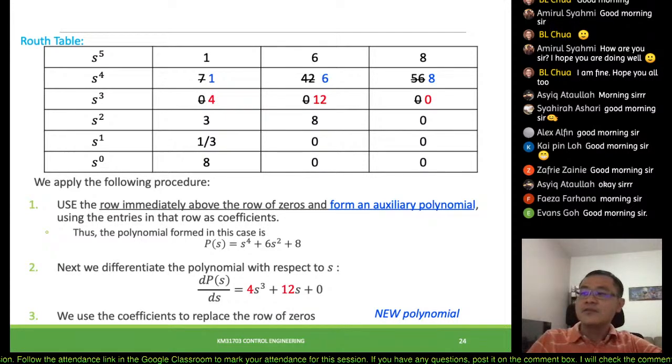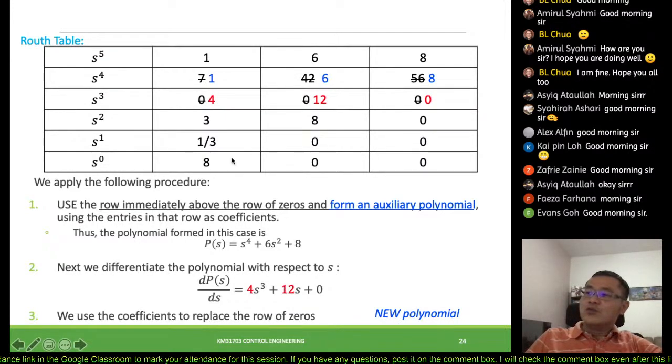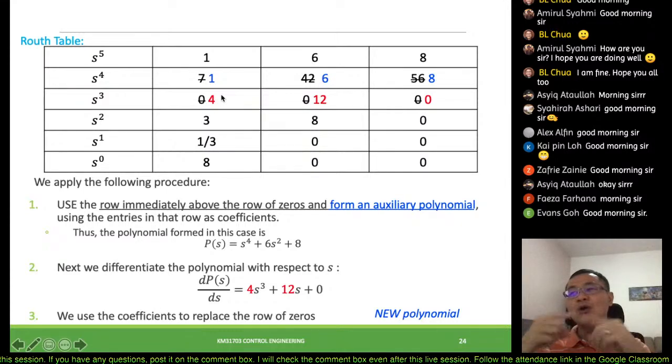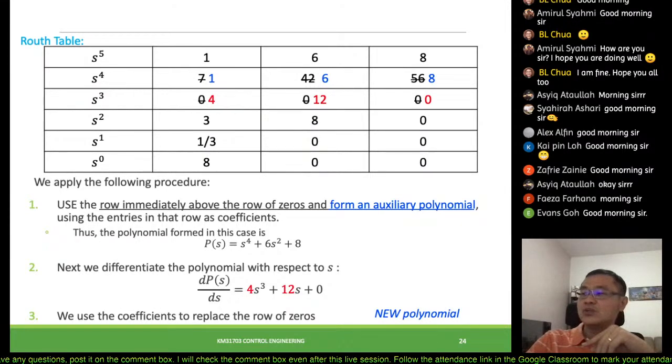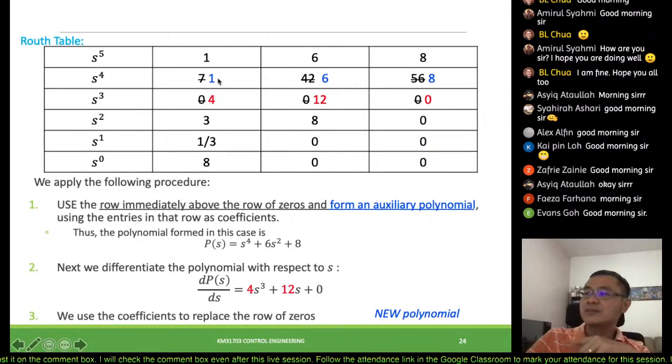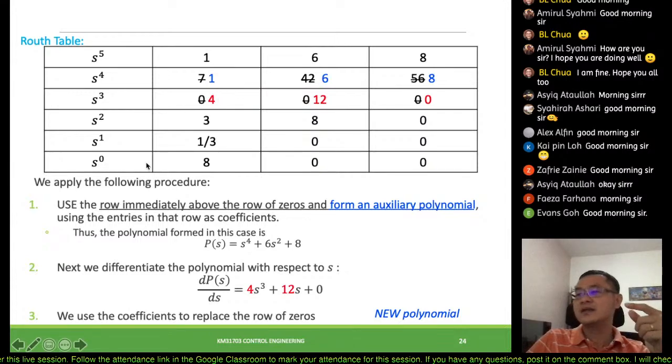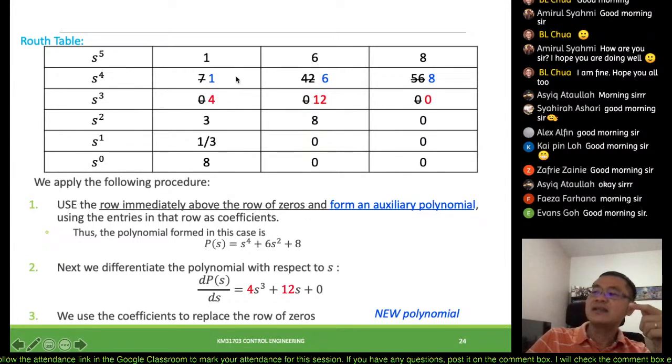When there is a row of zeros, what we can do to continue solving is form an auxiliary polynomial, meaning we form another new polynomial instead of the original one. We form the auxiliary polynomial based on the previous row, the row immediately above the row of zeros.